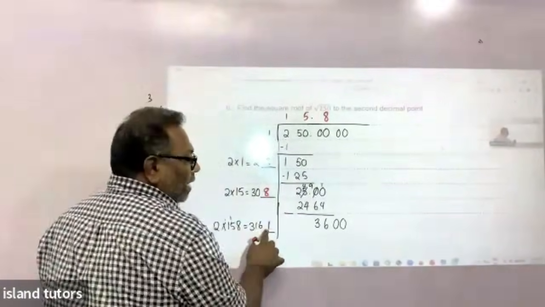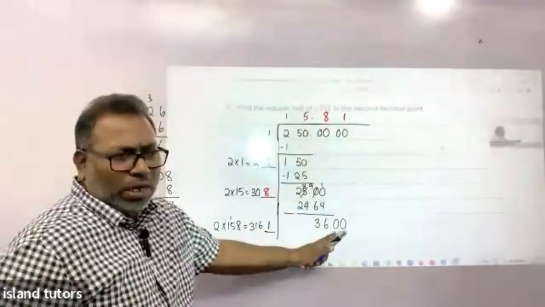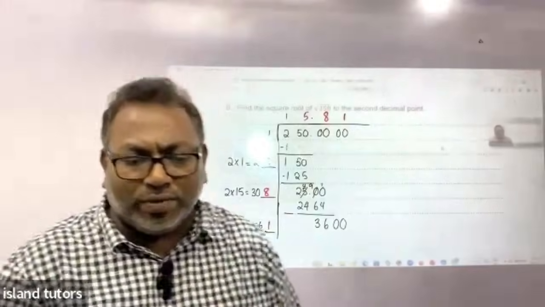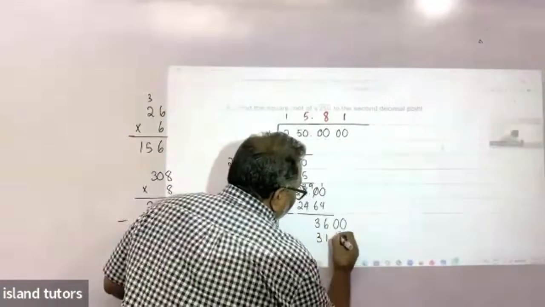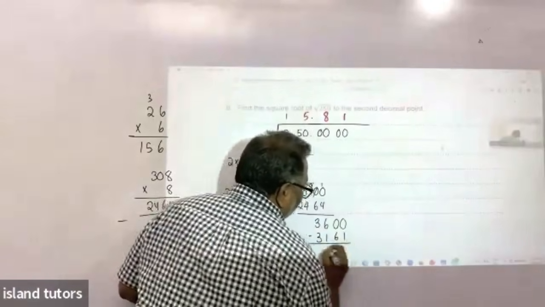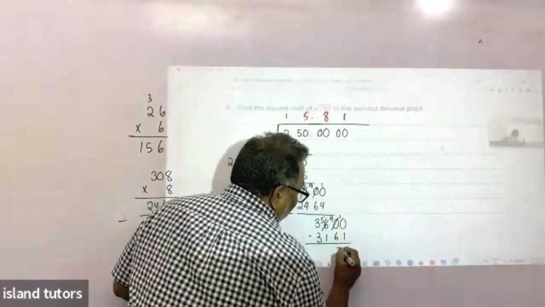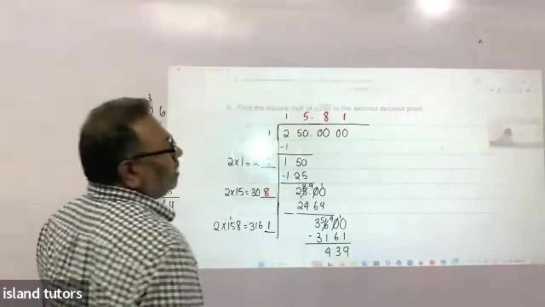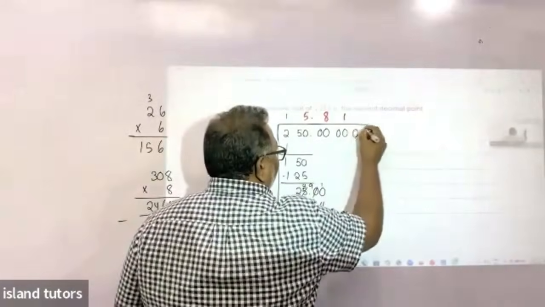Why? 3161 multiplied by 1 is going to be 3161, right? So 3161 subtract, this is 9439. Again, I want to take another value.